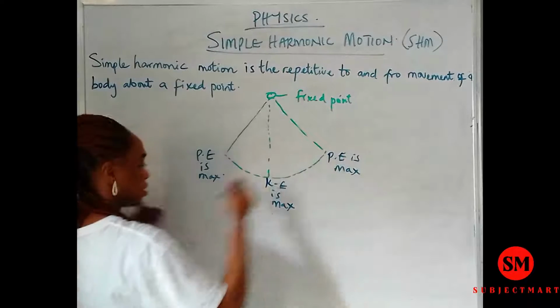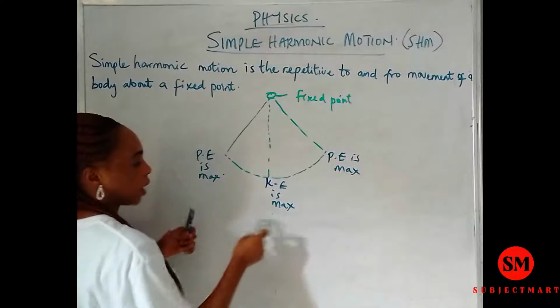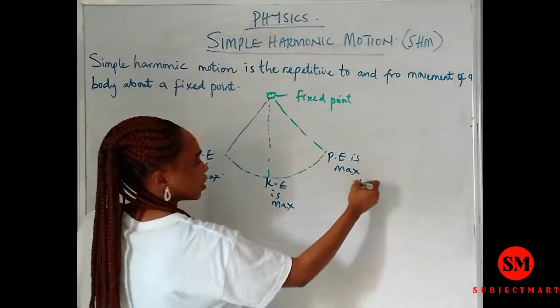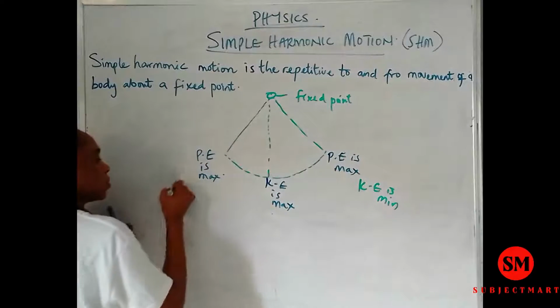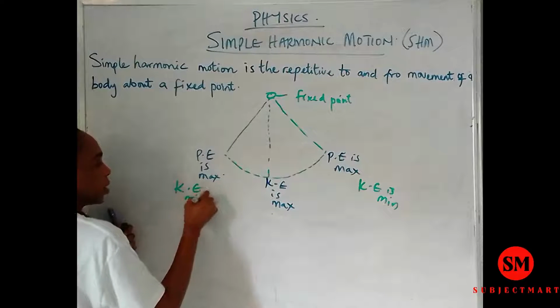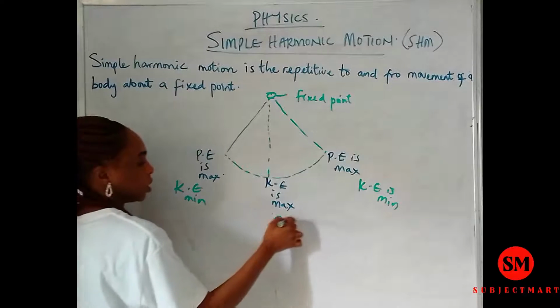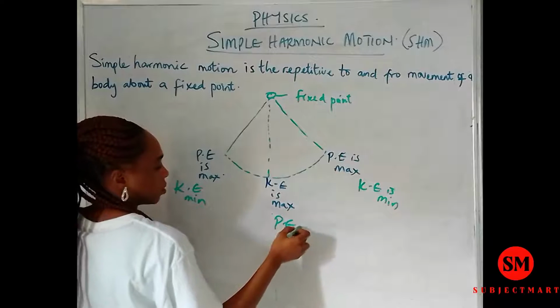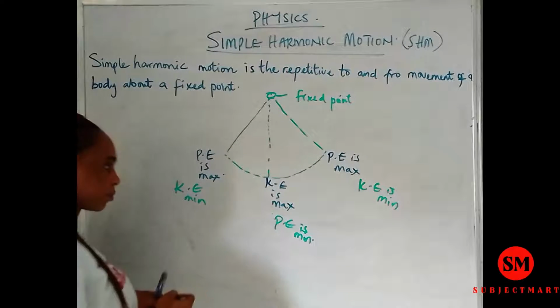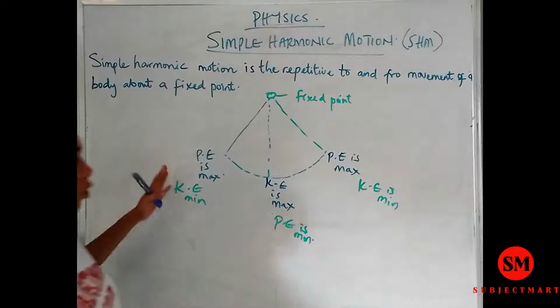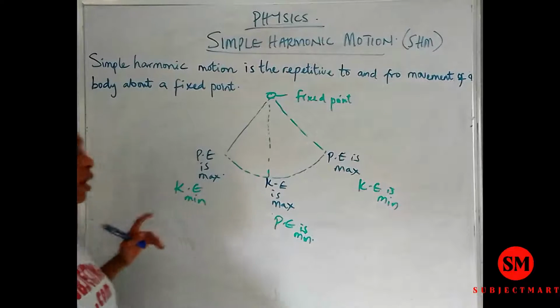So if kinetic energy is maximum at the middle, that means at the edges, it should be minimum. And likewise, the potential energy should be minimum. So take note of this.